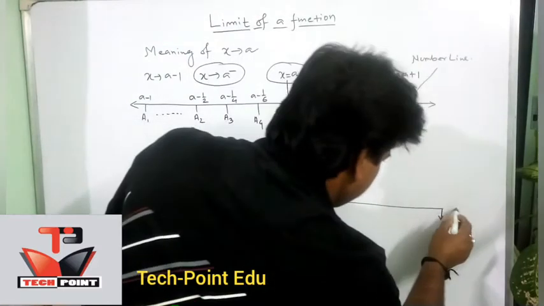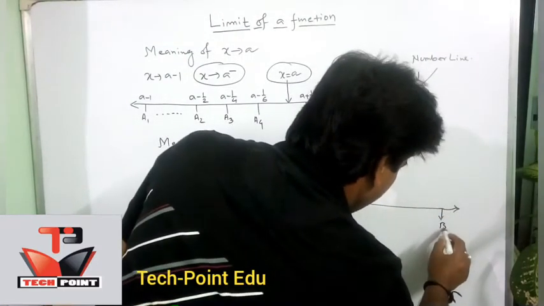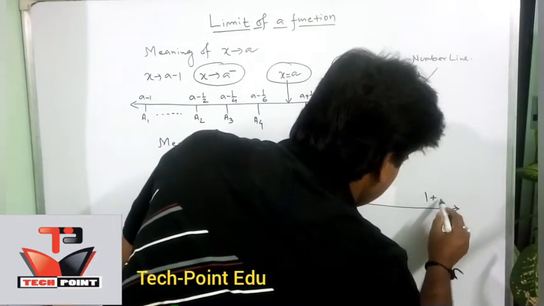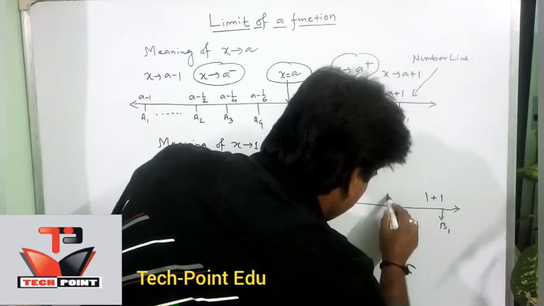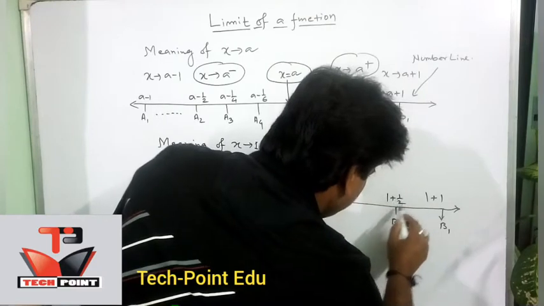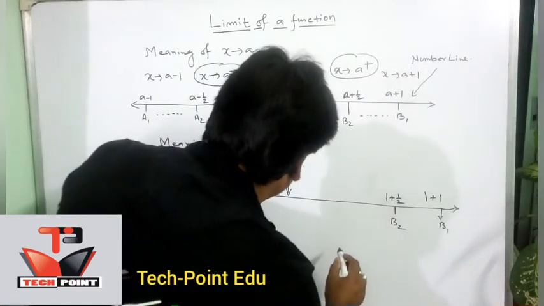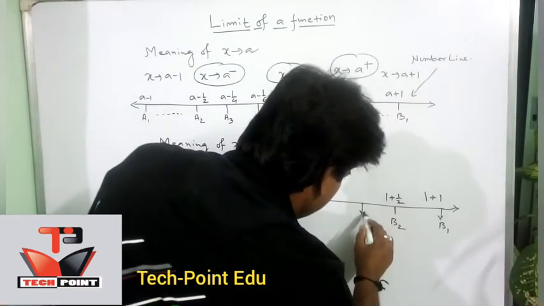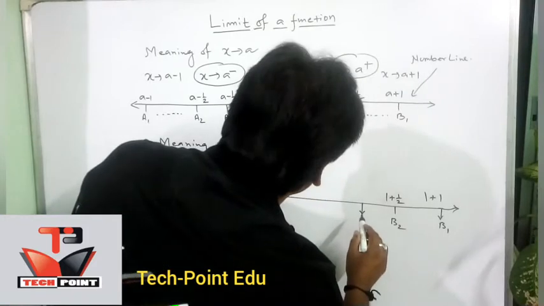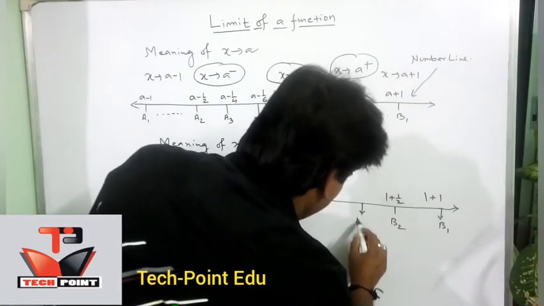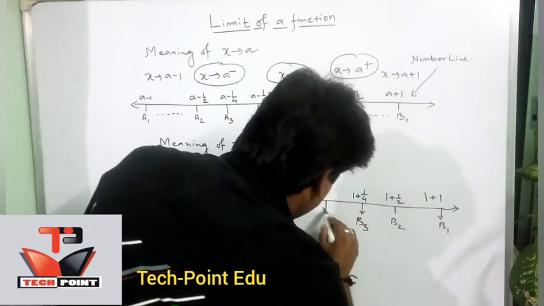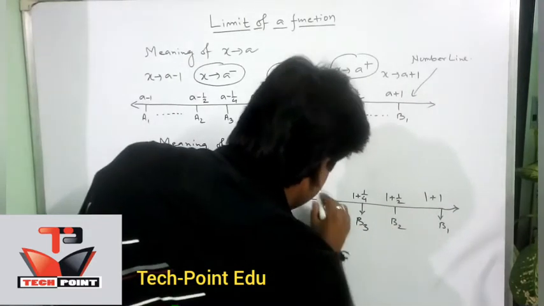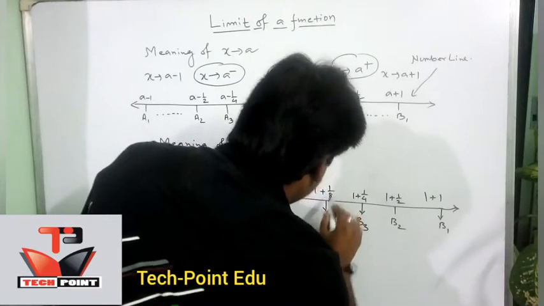Similarly, this point is b1, and this is 1 plus 1. This point is b2, 1 plus half. This point is b3, 1 plus 1 by 4. This point is b4, 1 plus 1 by 8.